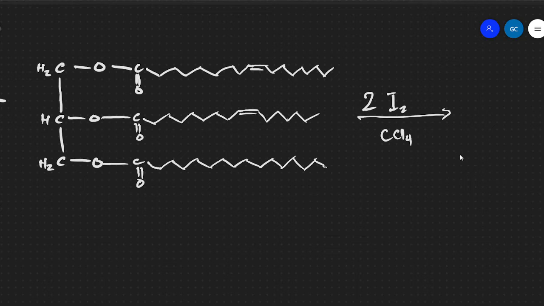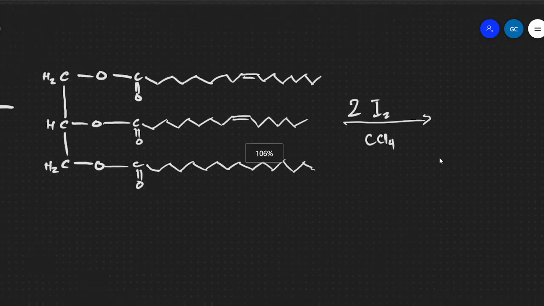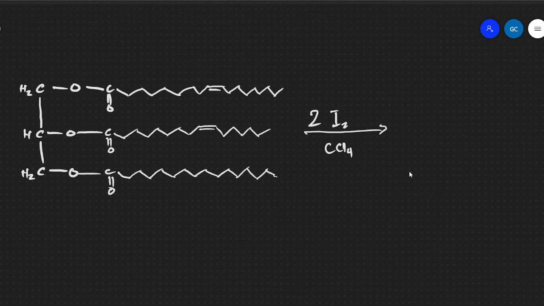And for this case, we will have 2 moles of our iodine. Given that, we just need to conduct the addition on this double bond, wherein the double bond is severed. You will have one iodine on top and one iodine at the bottom. You need to count the number of carbon atoms present here to make sure that you are adding to the same TAG or the same carboxylic acid.